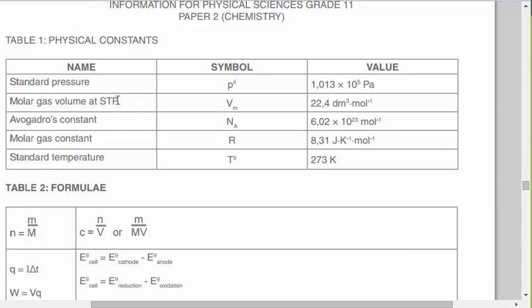This tells me that this is the volume that 1 mole of gas will occupy. Remember, a mole is a quantity: 6.02 times 10 to the power of 23 particles of gas will occupy this much space. Doesn't matter what gas it is. So 1 mole of gas takes this much space.